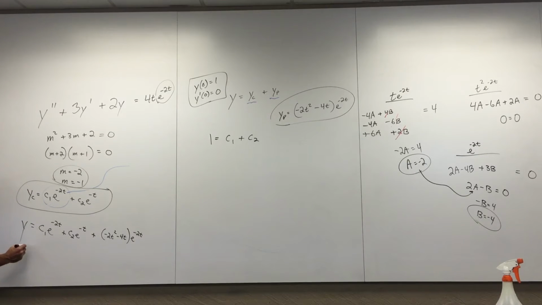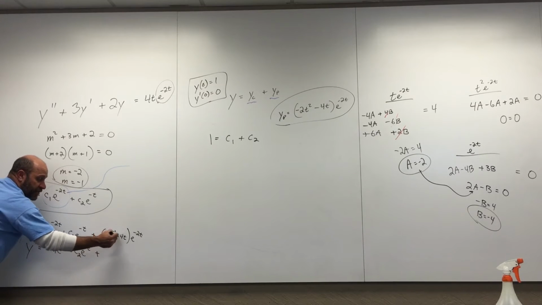Let's do it right down here on the bottom. y prime is negative 2c1 e to the negative 2t minus c2 e to the negative t. That's the chain rule, spitting out a couple of things there. And then I got to do this product rule.